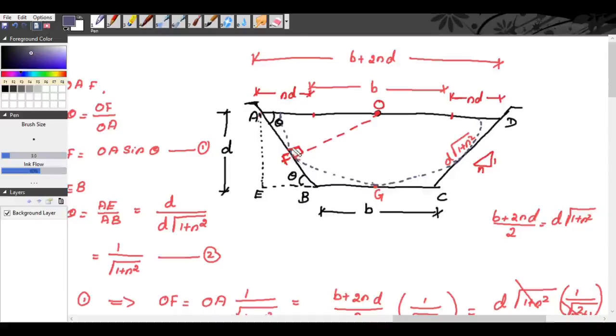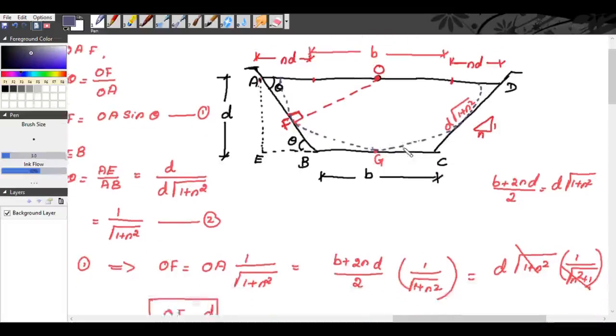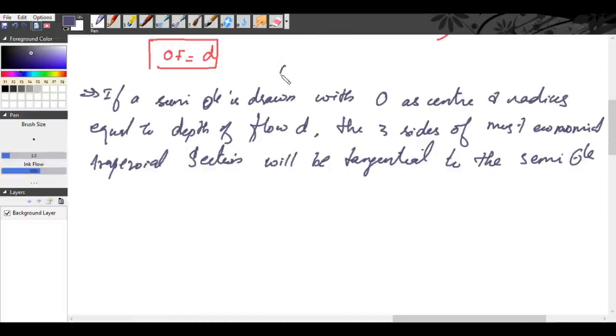See, this side AB will be tangential to the semicircle, this BC will be tangential to the semicircle, and CD will be tangential to the semicircle. So this is our third condition, condition 3.